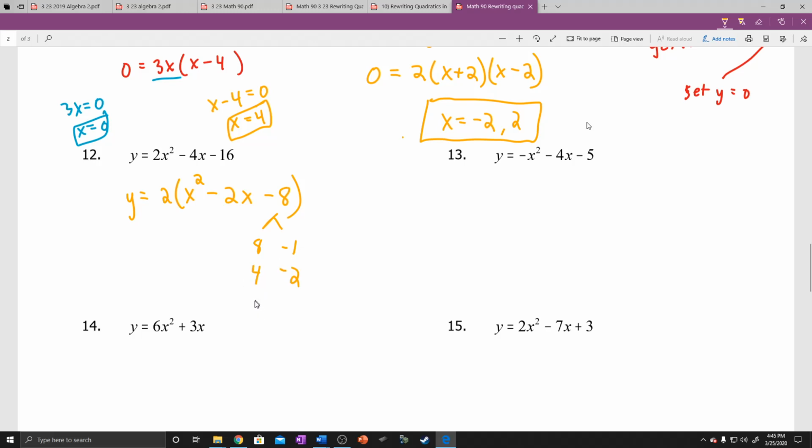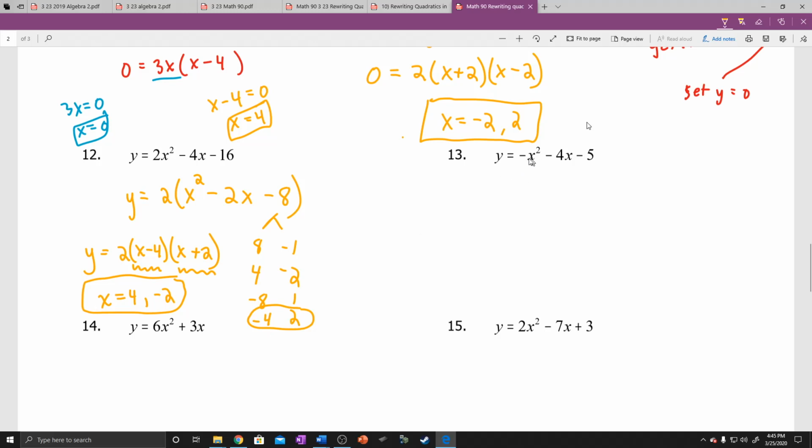Well, maybe I put the negative sign in the wrong spot. Negative 8 and 1, or negative 4 and 2. These are the ones that add up to negative 2. So this will be 2 times x minus 4 times x plus 2, with the 2 being multiplied out front. And this would have zeros at x equals 4 and x equals negative 2, because these are the values that set these factors equal to 0.